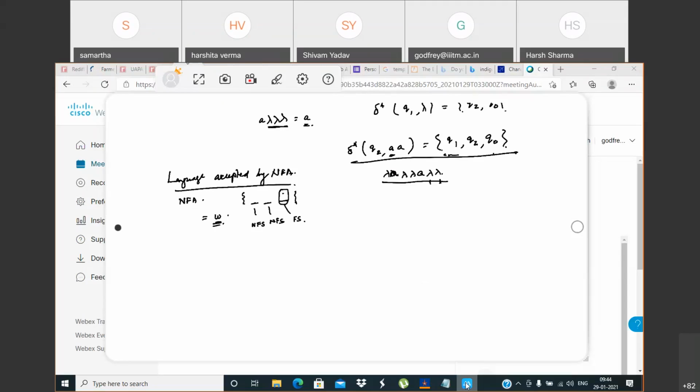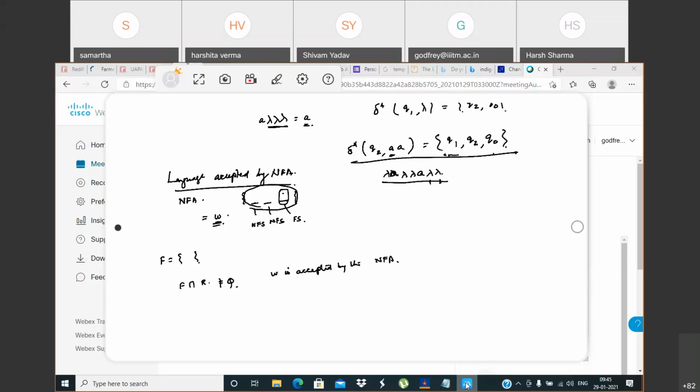You have a set of states that are defined as the final states, defined in the symbol F. The set of all states that are reached after reading the input string, if the intersection between the set of all states reached by the NFA and the final states is non-empty, then we say that the string W is accepted by the NFA.